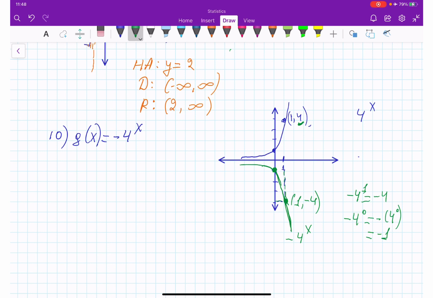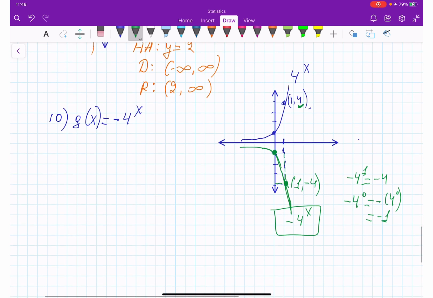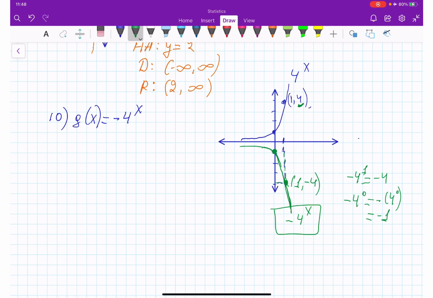You take this 4 to the power x graph and flip it down. And you get this way negative 4 to the power x. All right? So this is the graph. We reflect about the x-axis. We reflect about this axis. Okay.